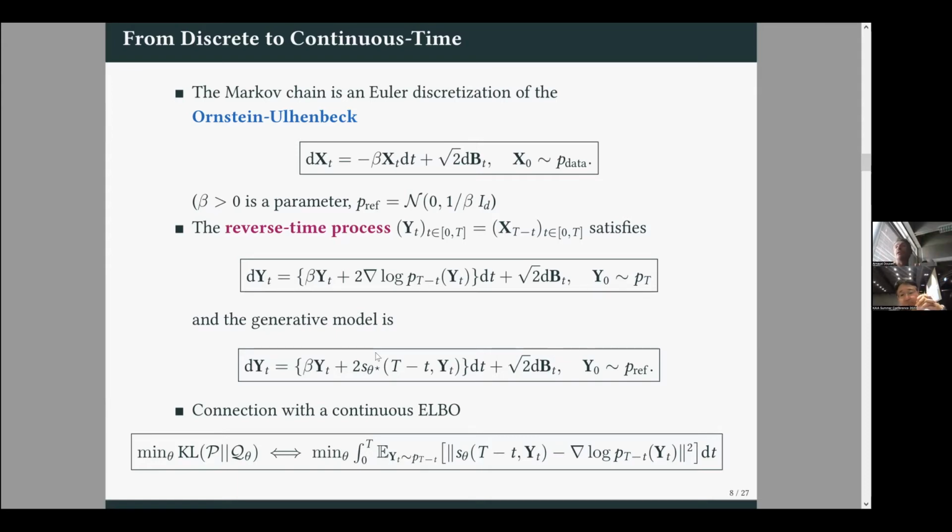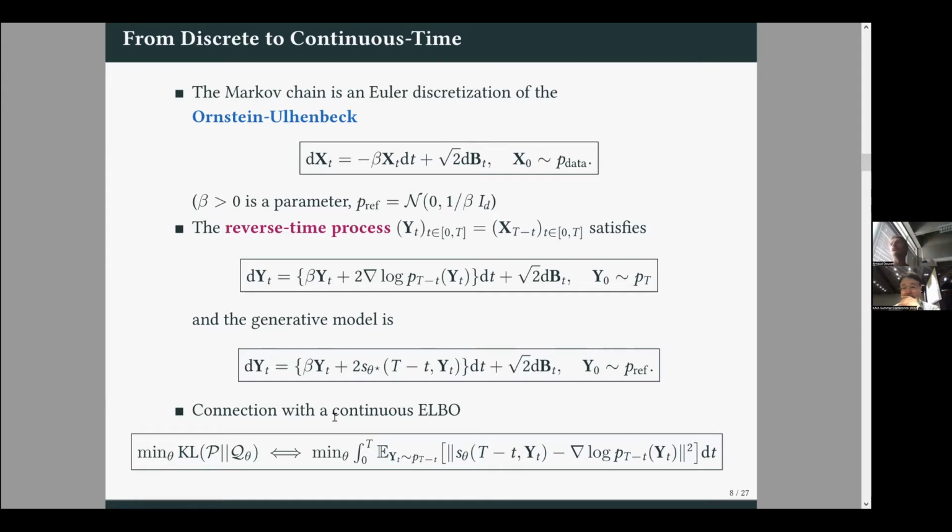Alternatively, you could say, well, in continuous time, I think of the path measure induced by this diffusion process, and I'm going to try to select it so that it is as close as possible to the true time reversal. If you do that, it turns out that you end up with a loss function that looks like score matching, which using some kind of score matching trick can be reformulated as what I presented in the previous slide.